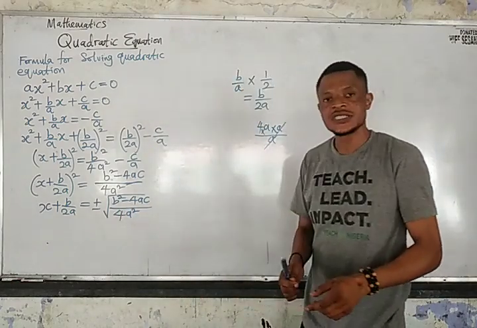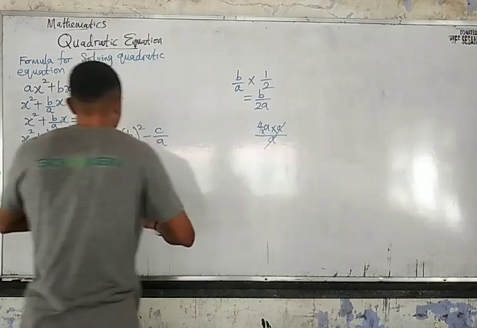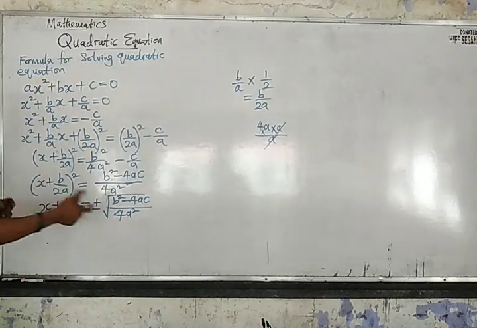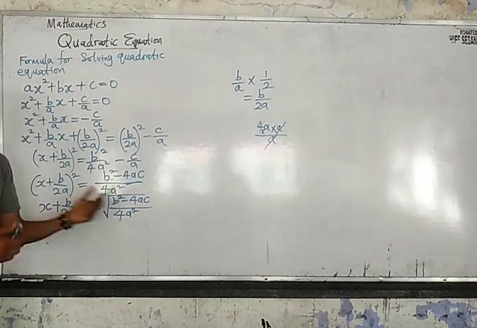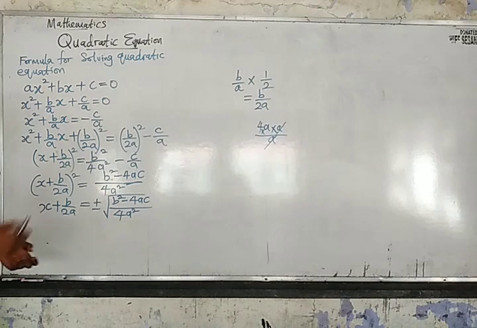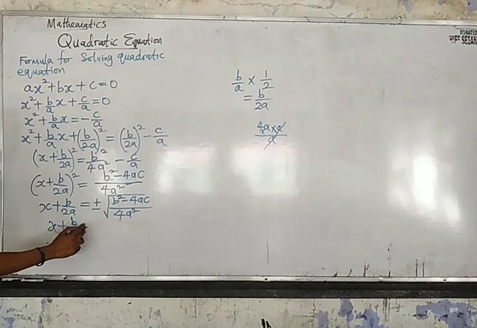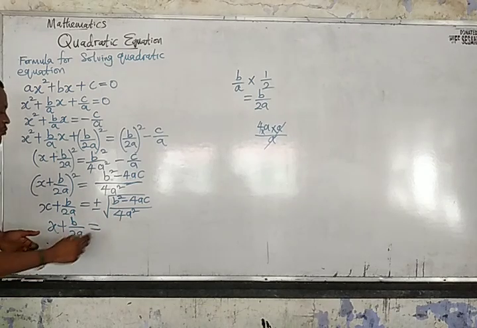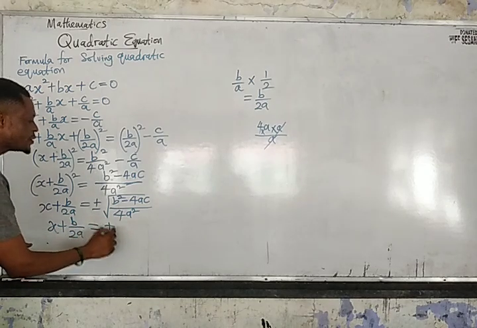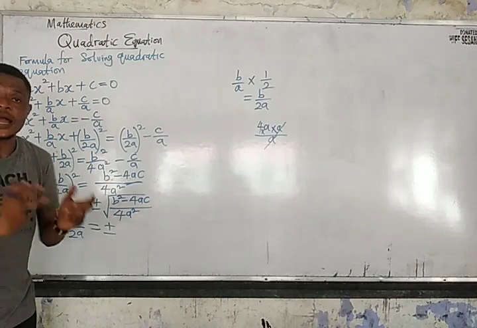So having this, the numerator, we cannot find the square root of this because it's not a perfect square. As for the denominator, we can find the square root of this. So finding the square root of this will result to having x plus b all over 2a equal to plus or minus. The square root of the numerator cannot be found.